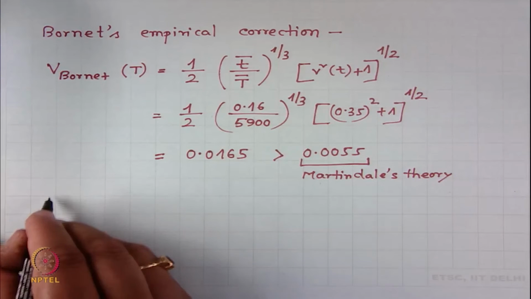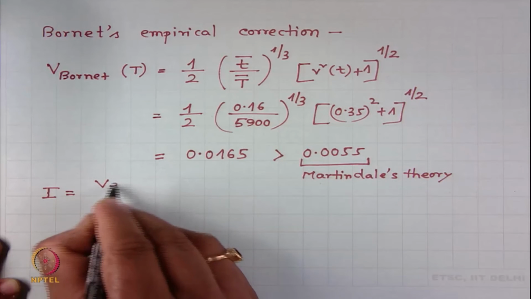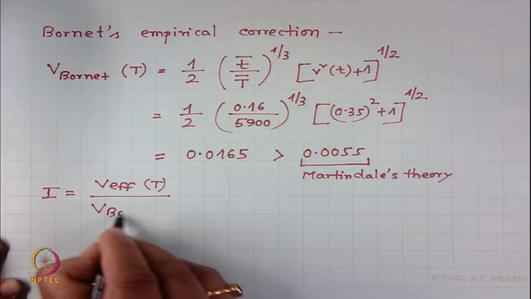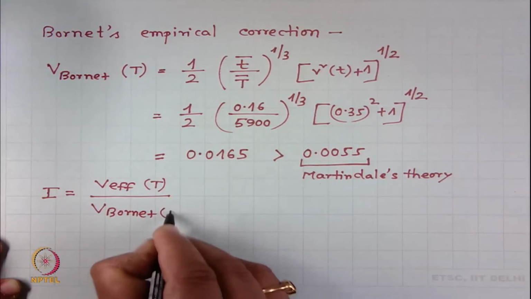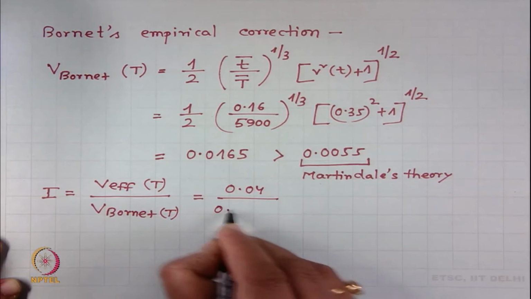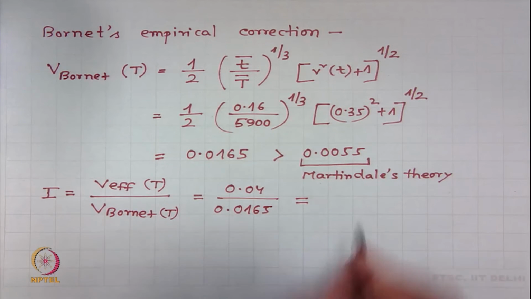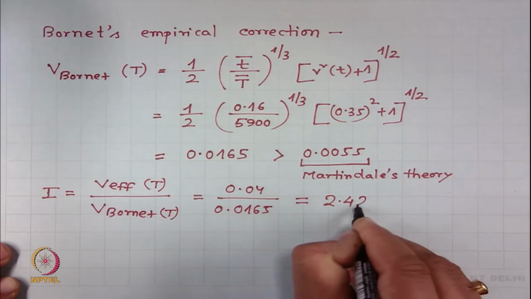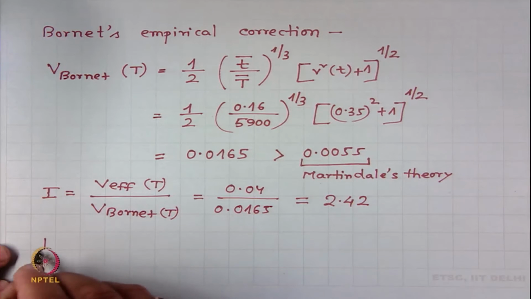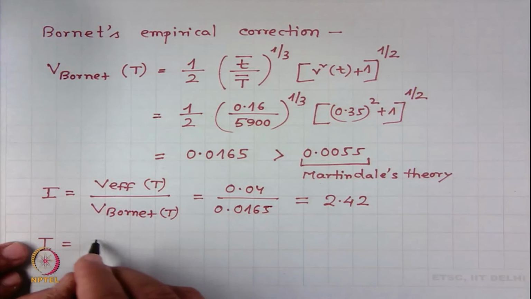Right. Now, index of irregularity V effective by Bornet. So, this value was 0.04 divided by 0.0165. So, what will be this value? 2.42. And what was the value using Martindale? 7.27.